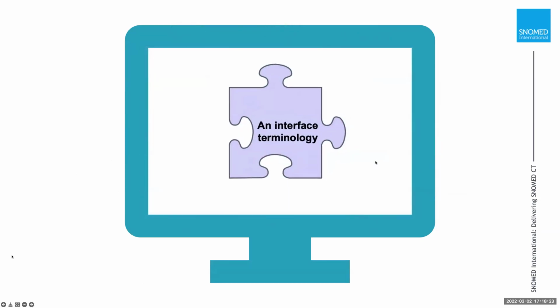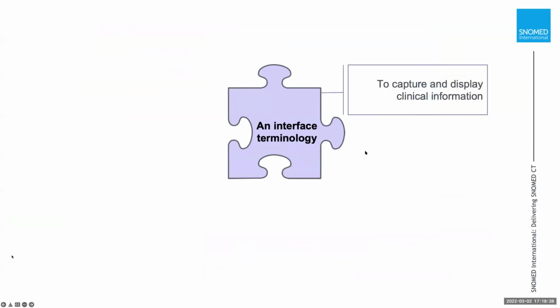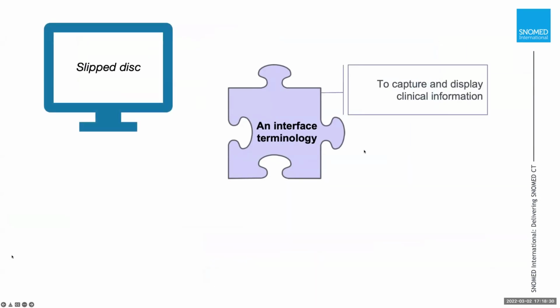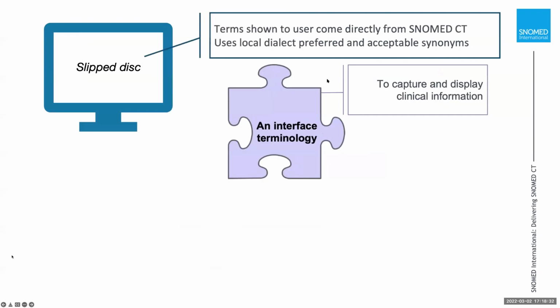The next approach is using SNOMED CT as an interface terminology, and that's to capture and display clinical information. So this is where you use the descriptions provided with SNOMED CT as the interface terminology.